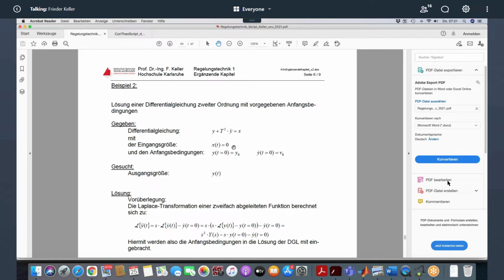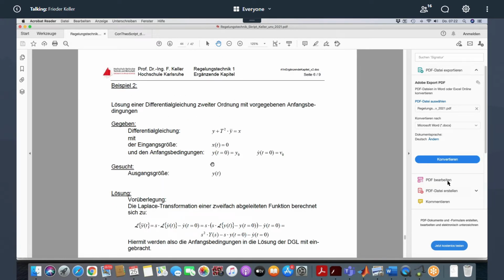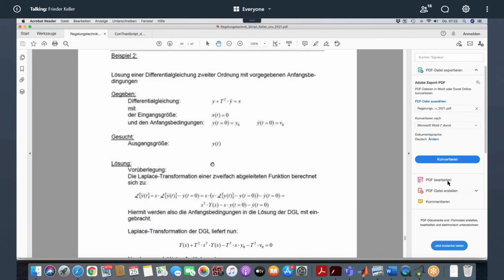The input is 0, but then we have included initial conditions. Then it is shown how to solve that by including also the non-zero initial conditions here. So we will not go through that thing here. It would just be one more exercise for solving a differential equation with Laplace transform. And as we are now in the future doing that quite often, I think we can skip this example here.